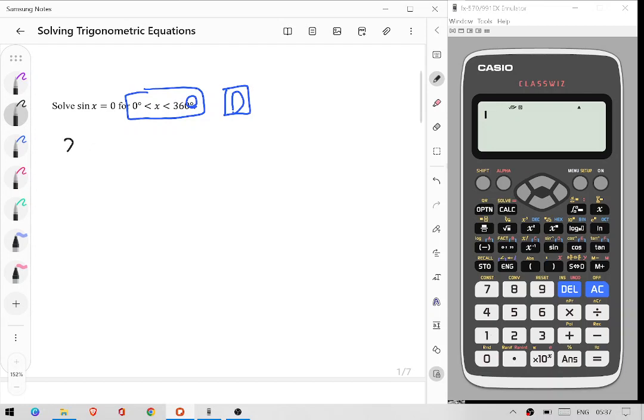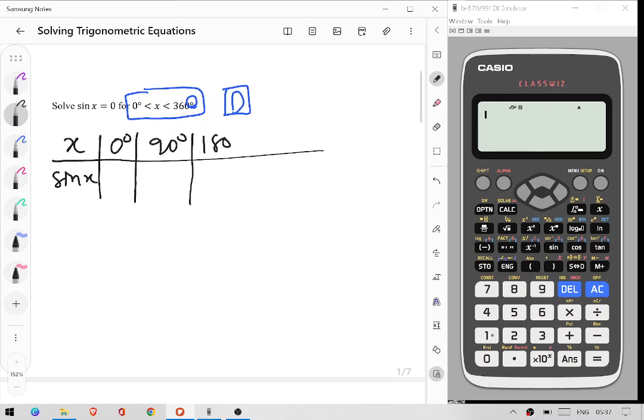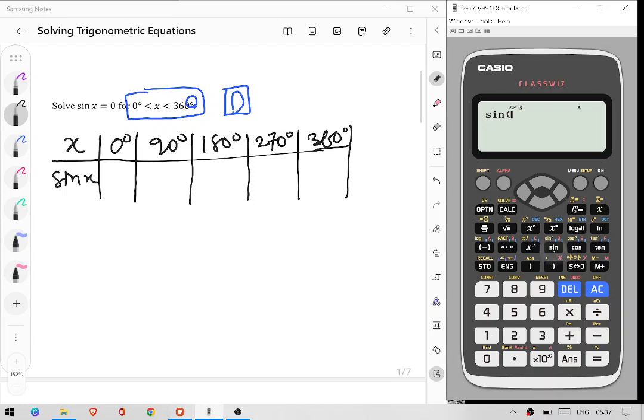Now what is the next step? The table. We have to put x and the value of sine x. The x values come from the interval, so we start from 0, then 90, 180, 270, and 360. There's no need to do a proper table, as long as you can understand it, it's good enough. Sine 0 is 0.